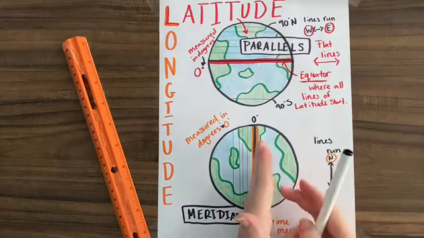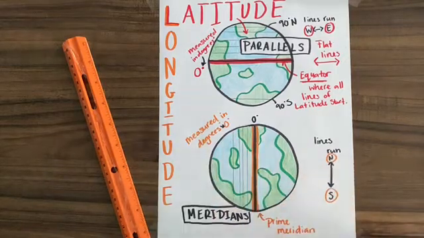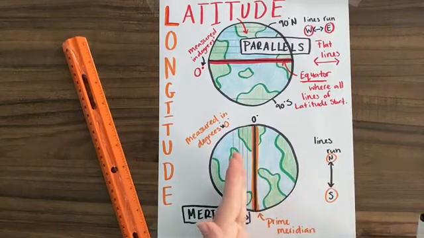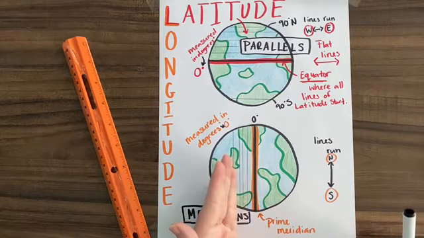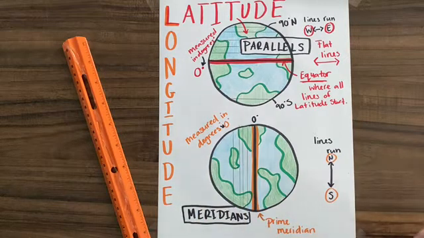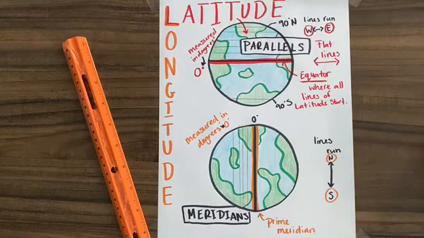And then you move out. So 10 degrees, 20 degrees, 30 degrees. I'll show you a little bit better in just a few seconds on our next activity. It'll make a little more sense when we have better looking grids.